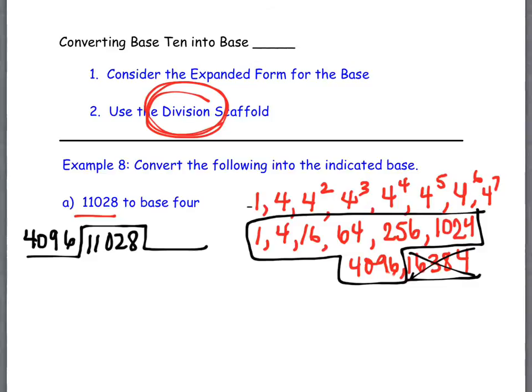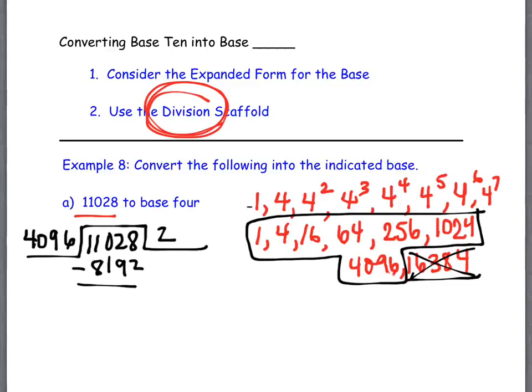So take your calculator. What I want to know is how many whole number times will 4096 go into 11,028? What's the whole number you get when you do the division? 2. All right, so you did 2. And then you need to multiply 2 times 4096. What do you get? 8,192.